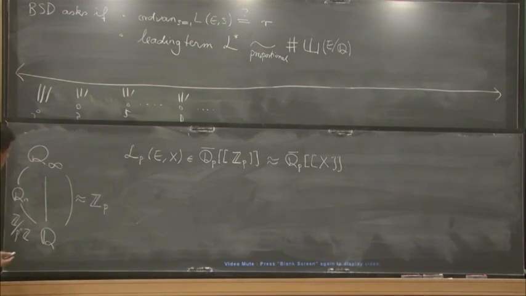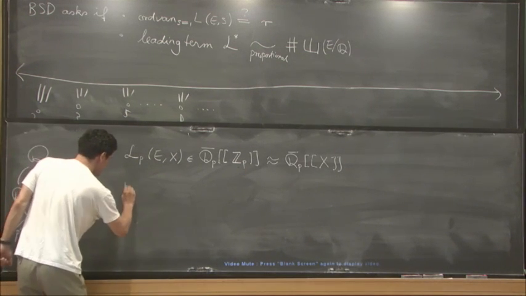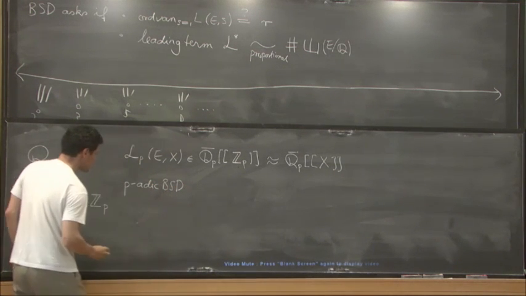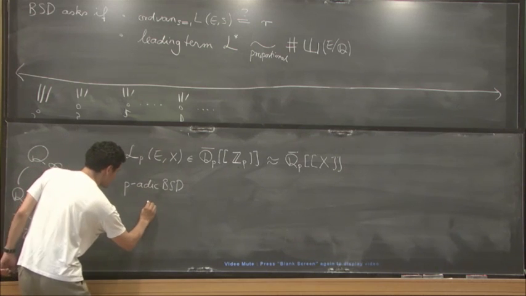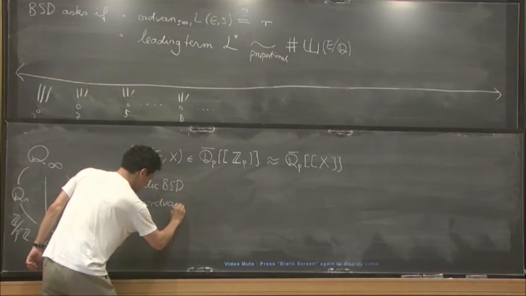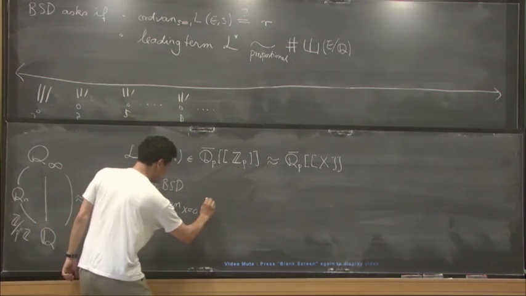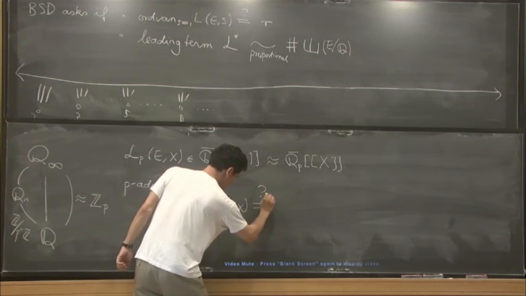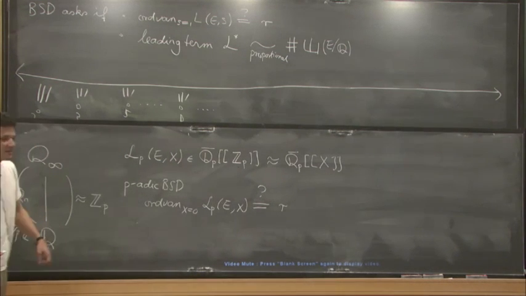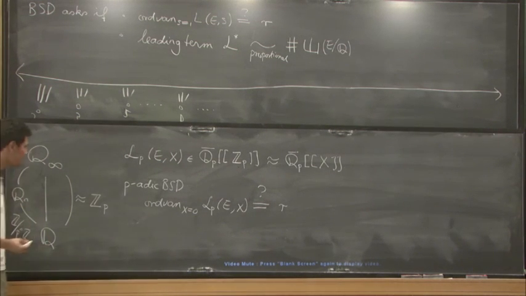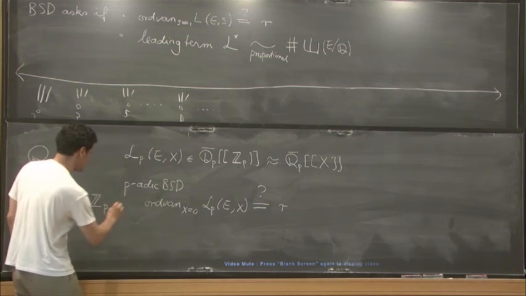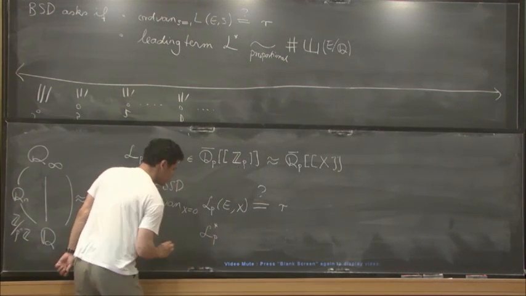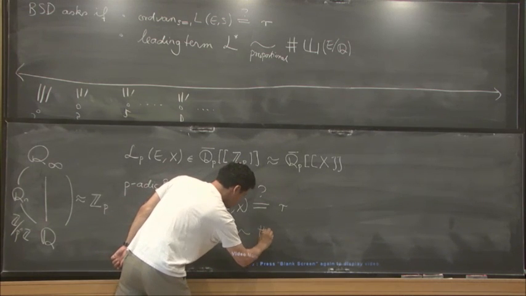And p-adic BSD typically asks if the order of vanishing at a special value is equal to the rank, and whether, again, the leading term L_p star is proportional to the size of Sha.